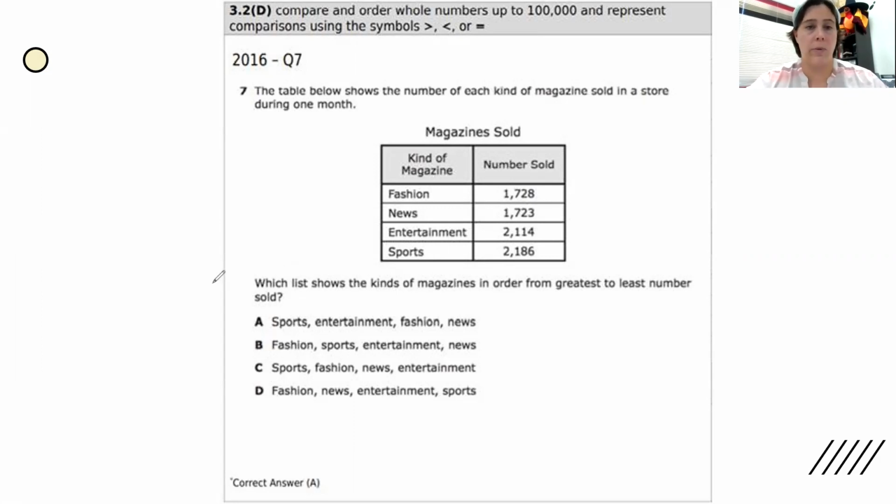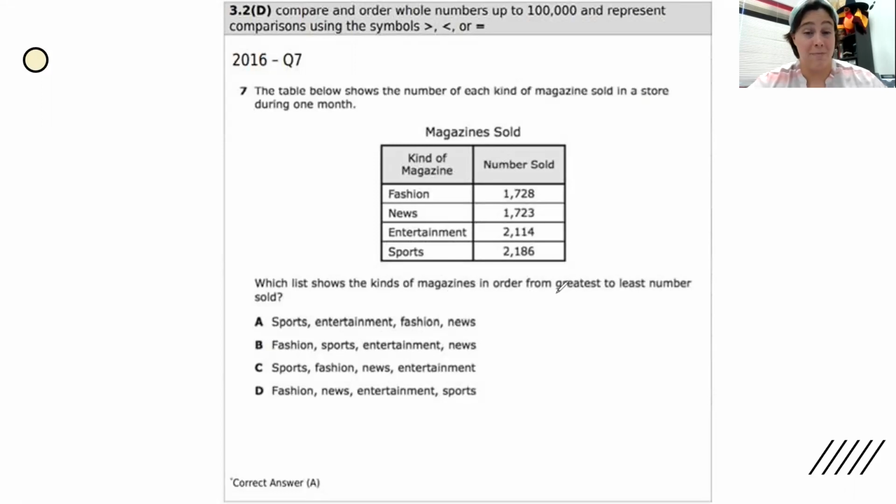So usually we would use the system cubes, and we will be going over that once we get further into the school year. So I'm going to start off with underlining important words that are going to help us solve this problem. So which list shows the kinds of magazines in order from greatest to least?